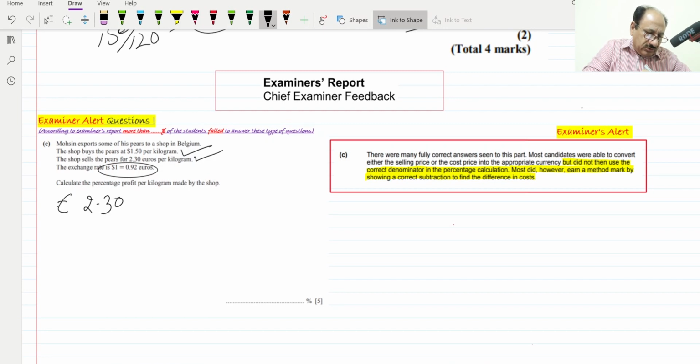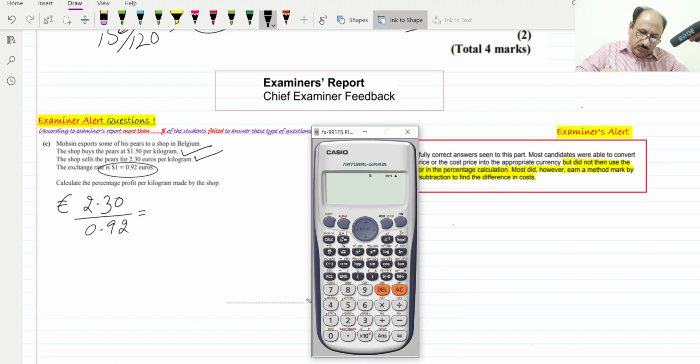We can check the selling price is 2.30 euros. Basically this one is the selling price, and selling price will be converted into dollars because buying price is in dollars, so we'll divide by 0.92. 2.30 divided by 0.92 will give us 2.5.